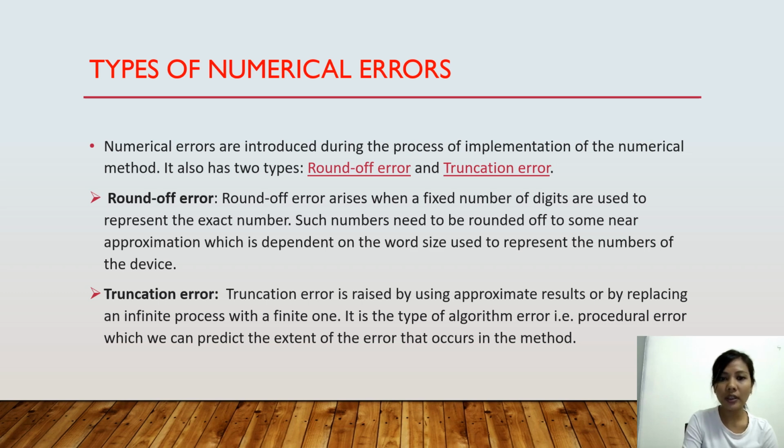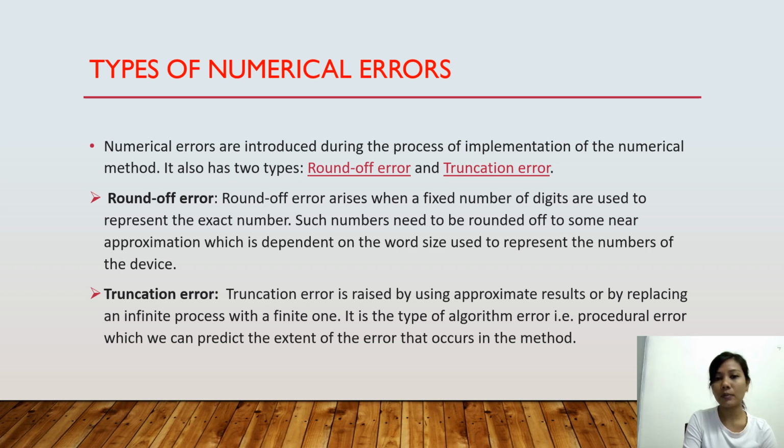Truncation error is raised by using approximate results or by replacing an infinite process with a finite one. It is a type of algorithm error, that is procedural error, where we can predict the extent of the error that occurs in the method.